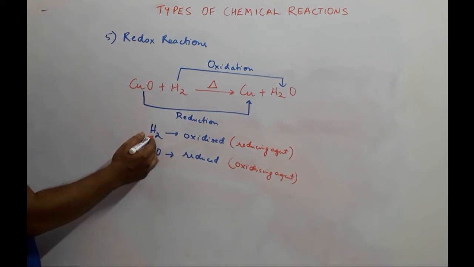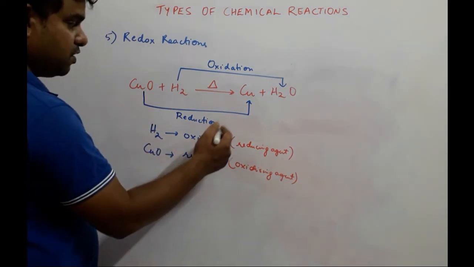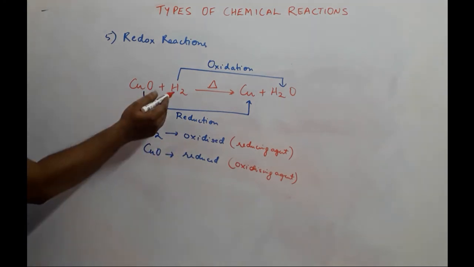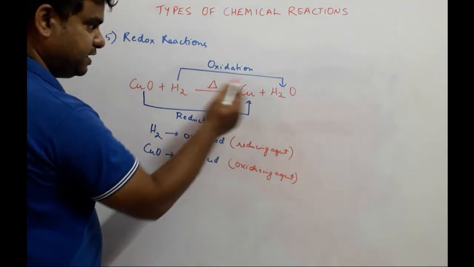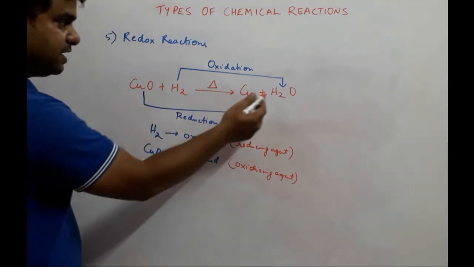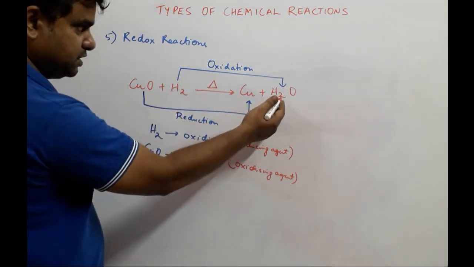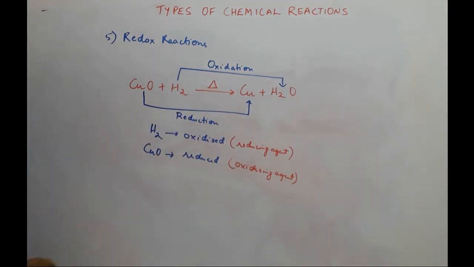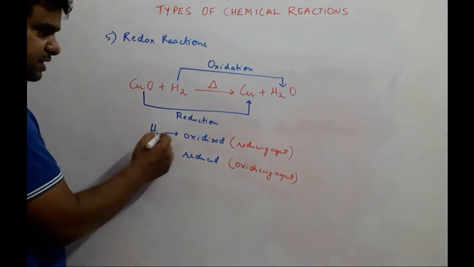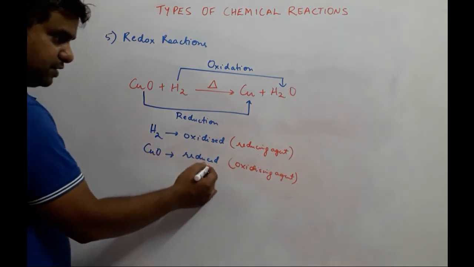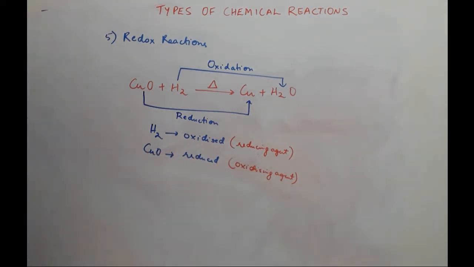Whereas in the case of hydrogen, it is oxidized, that means it becomes a reducing agent. It accepts oxygen, so that is why it is called a reducing agent. Got it? So a substance that gets oxidized is called a reducing agent, and a substance that gets reduced is called an oxidizing agent. Got it?